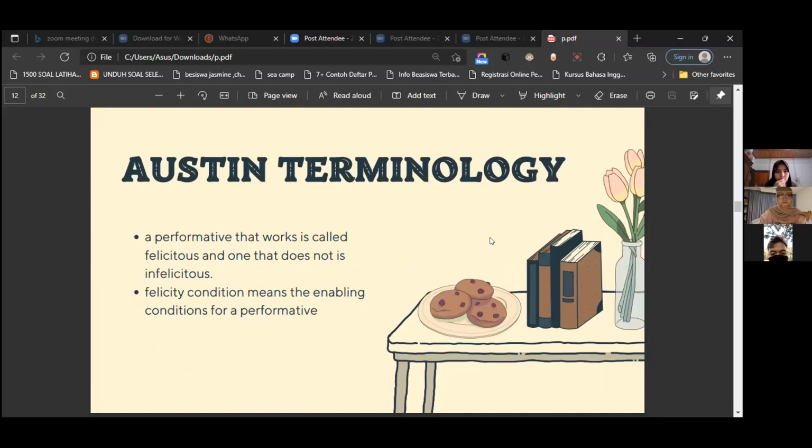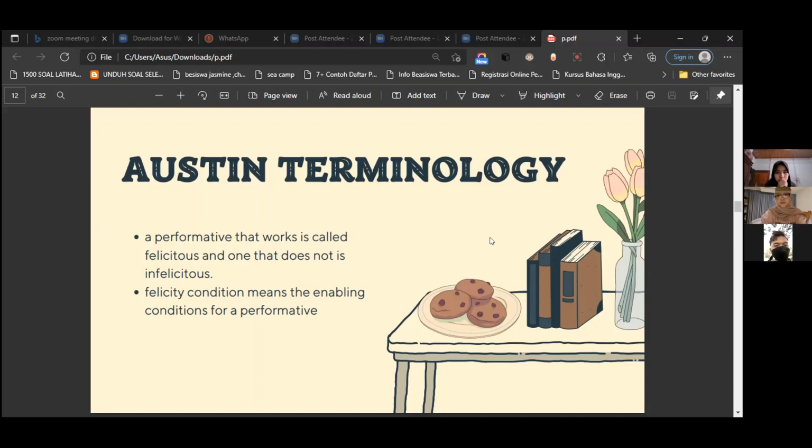Okay, this is Austin's terminology. In Austin's terminology, a performative that works is called felicitous, and one that does not is infelicitous. Felicity condition means the enabling condition for a performative. For example, felicity condition is where we are able to perform our speech act itself, for example, if we hang out with our circle, we know each other's characteristics in speaking, and so on.